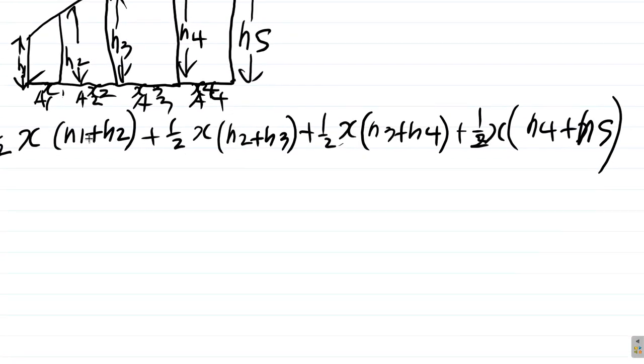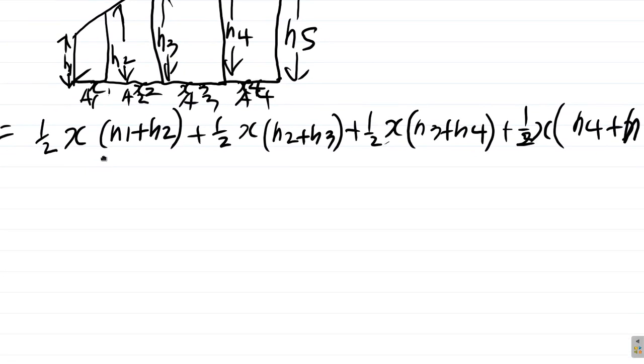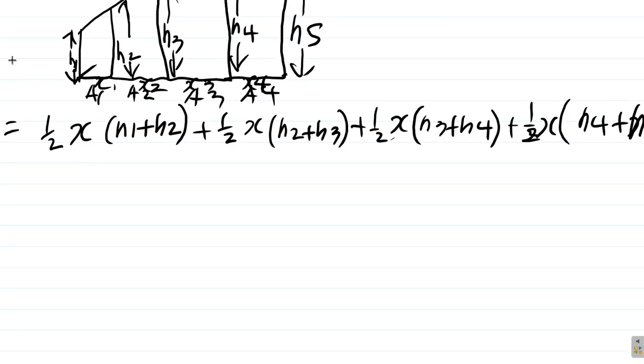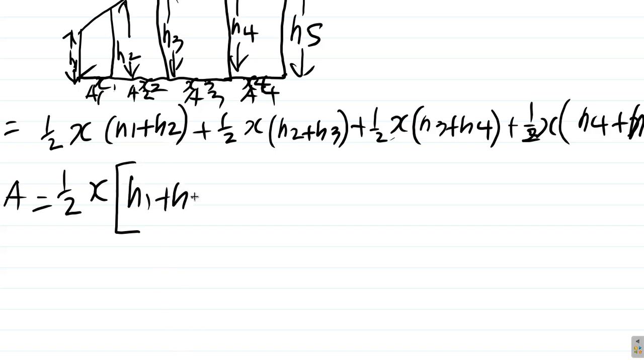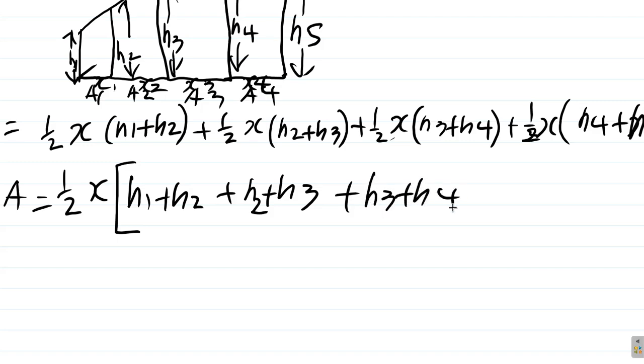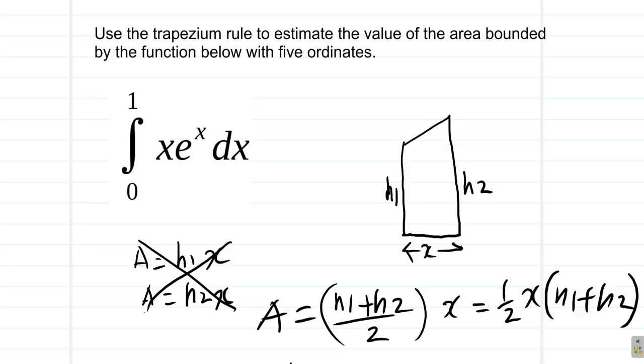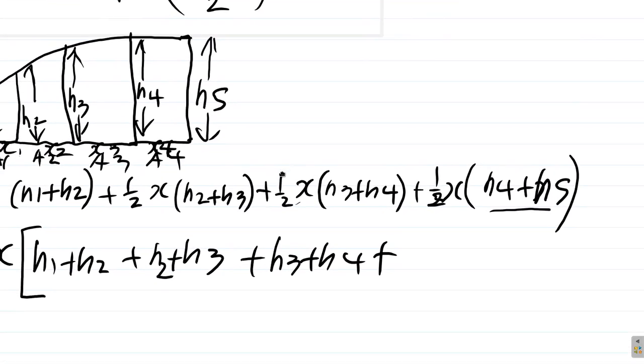If we factor out the half and factor out X, the area would be half X times, inside, H1 plus H2, plus H2 plus H3, plus H3 plus H4, plus H4 plus H5.